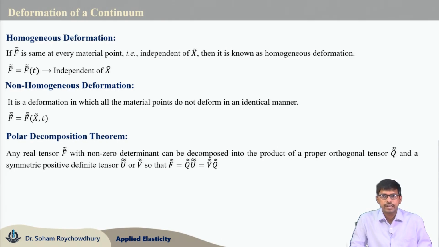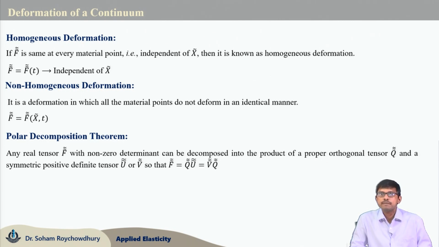That was already defined in the first week. What is a symmetric positive definite tensor? A symmetric tensor we defined as T equals T transpose. If this identity is satisfied, then T is a symmetric tensor. A tensor is called positive definite if all the eigenvalues of the tensor are positive.